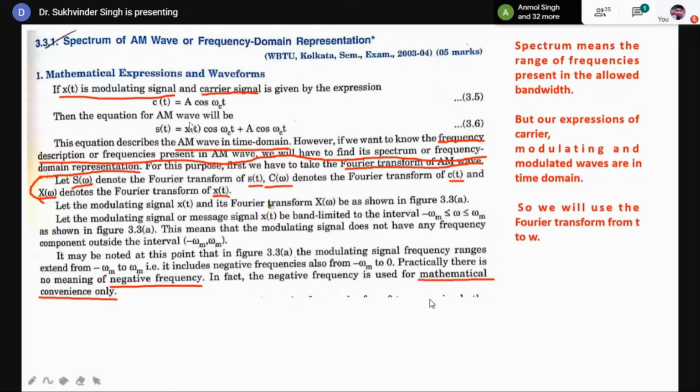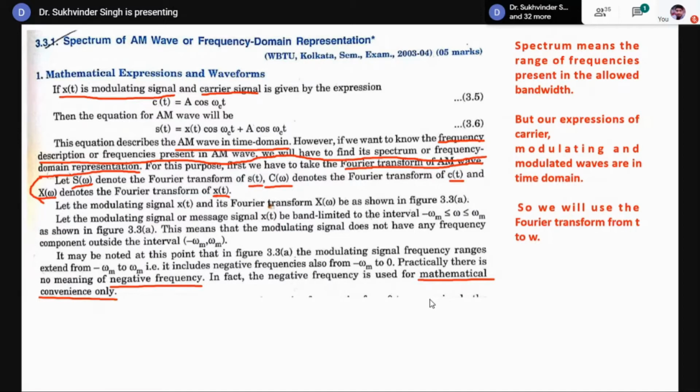So these are the three equations which we have already derived or discussed, which are in time domain analysis. Our purpose is to convert these three equations into frequency domain by making use of a Fourier transform and some simple trigonometric formulas.